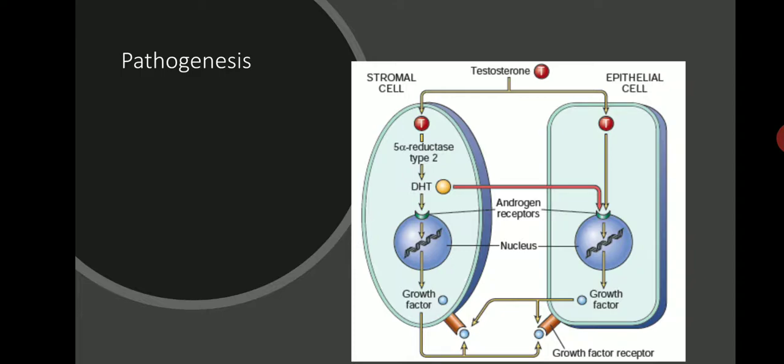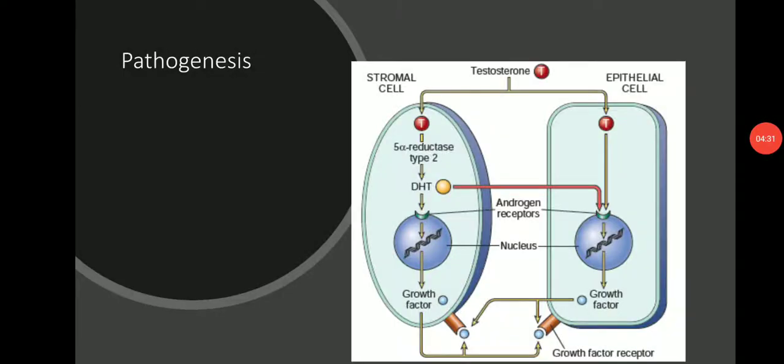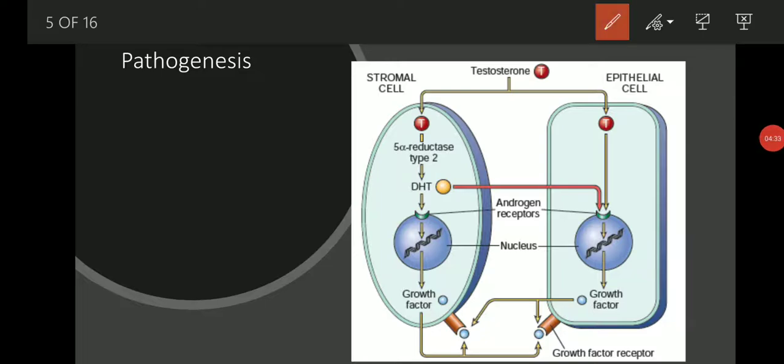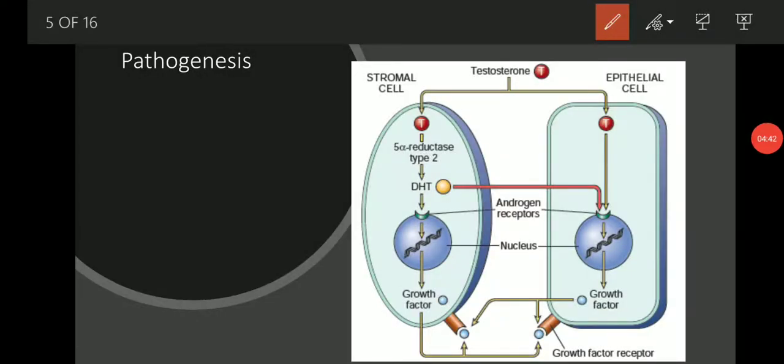Let us have a look at the pathogenesis of this disease. The most important hormone, the testosterone, is derived from the testis, and it acts on the cells of the prostate.